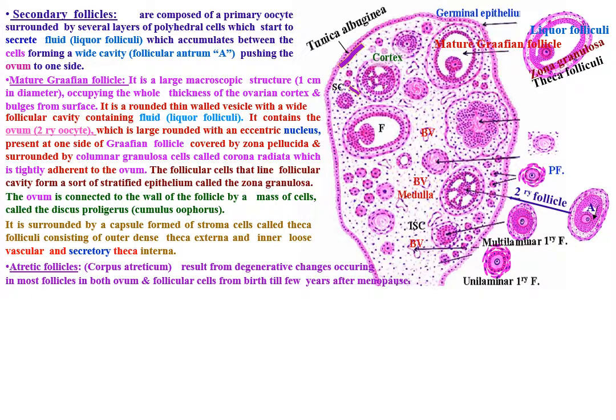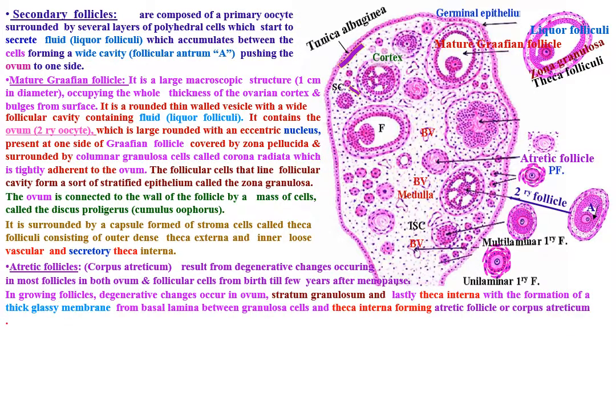In growing follicles, degenerative changes occur in ovum, stratum granulosum, and lastly the theca interna, with the formation of a thick glassy membrane from the basal lamina between granulosa cells and the theca interna, forming atretic follicles or corpus atreticum.